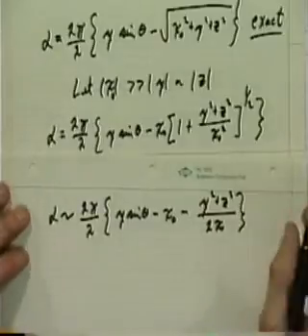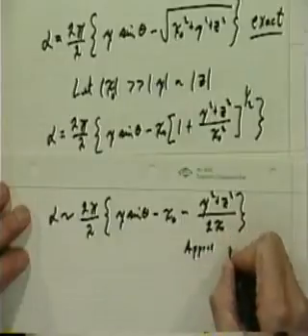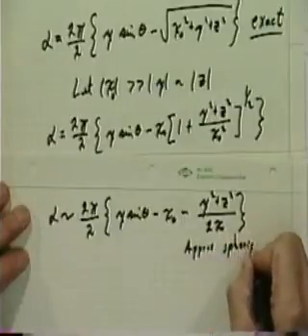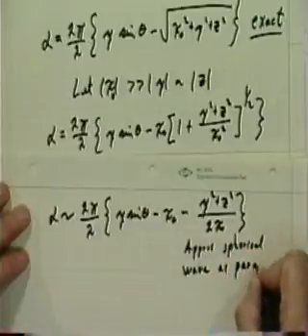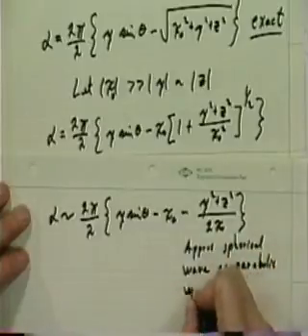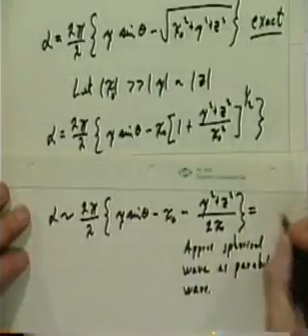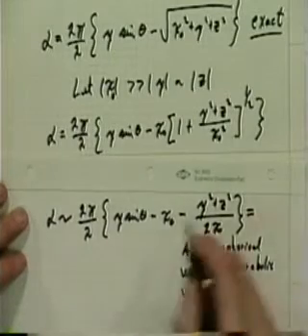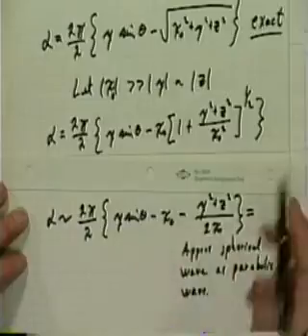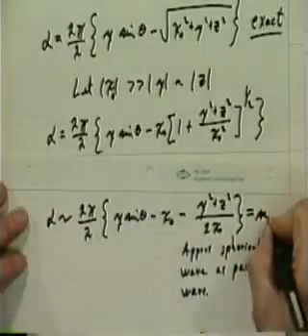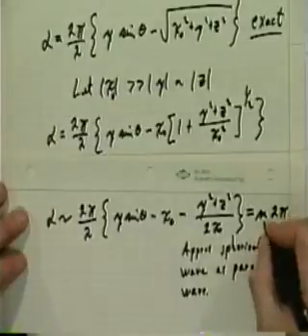So what we're doing is approximating a spherical wave as a parabolic wave, and we'll do that many times this semester. Okay, if this is going to describe the shape of a bright fringe, then we would set this equal to some integer times 2 pi, and that would be for bright fringes.